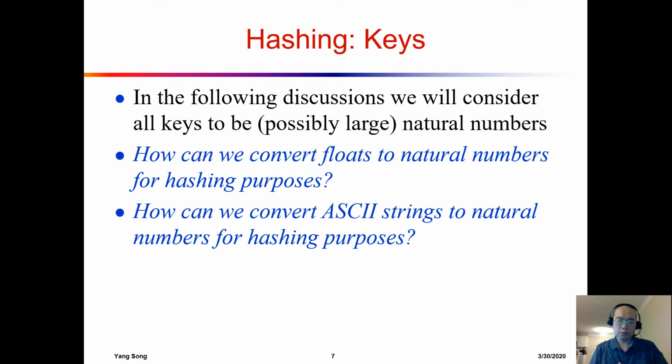And how about a string? If we have a string, we can use the ASCII value for each character, and then we are casting a string into an integer again. The point I'm trying to make is, we are not assuming all the keys are natural numbers. However, for other data types, we can transform them into natural numbers.